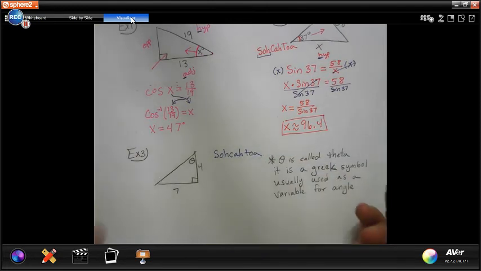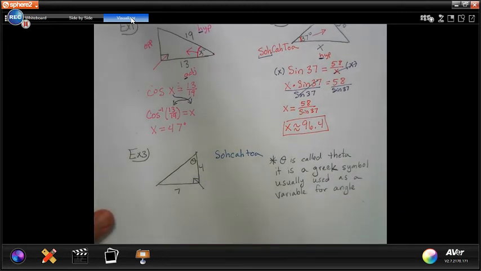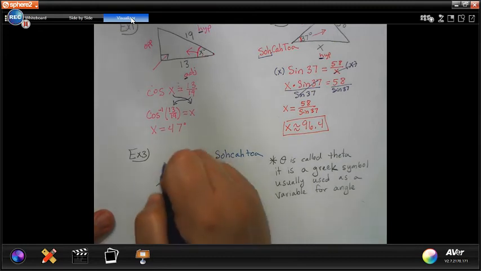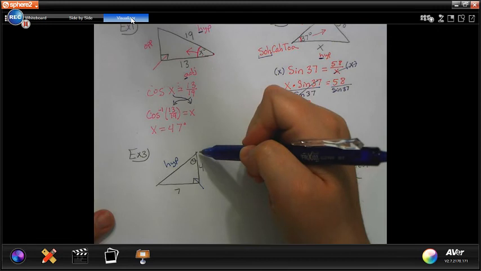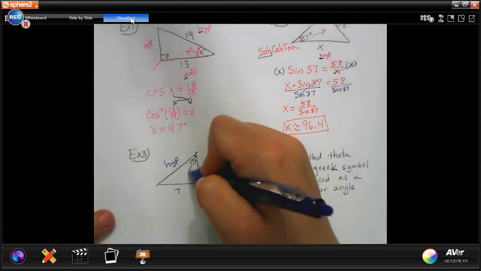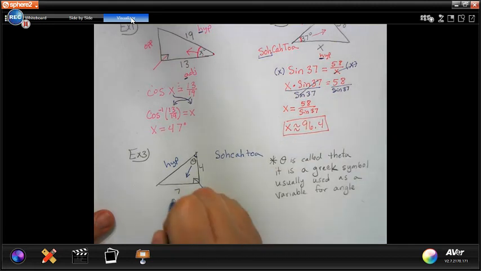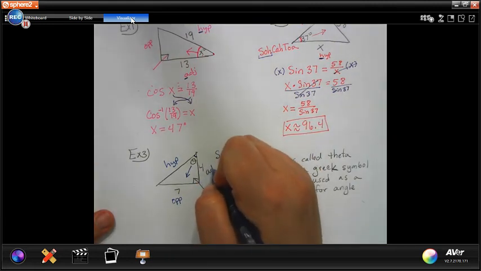The right angle points to the hypotenuse. We're at the viewpoint of theta. This is where we're standing. If we're standing here, that means across the street is our opposite, and our next door neighbor is our adjacent.